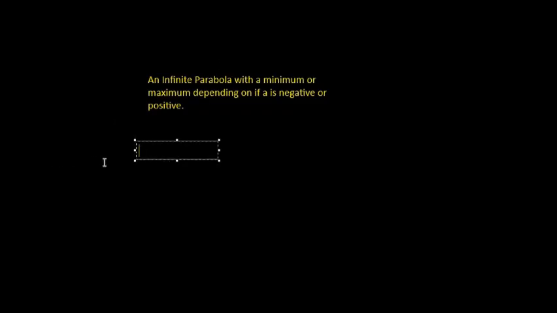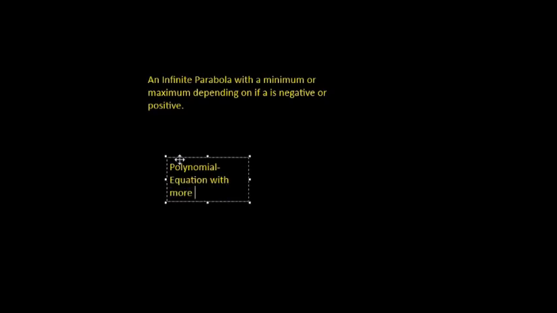And also another term that you need to know is polynomial, which is an equation with more than two terms. So like 1 plus 3 plus 4, that's a polynomial.